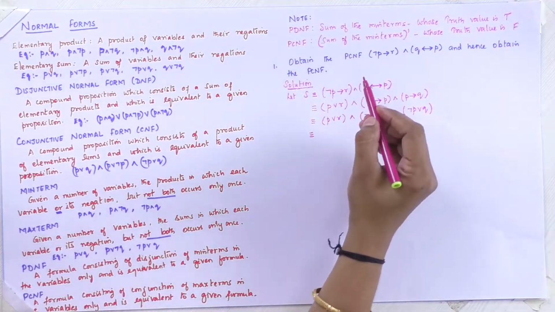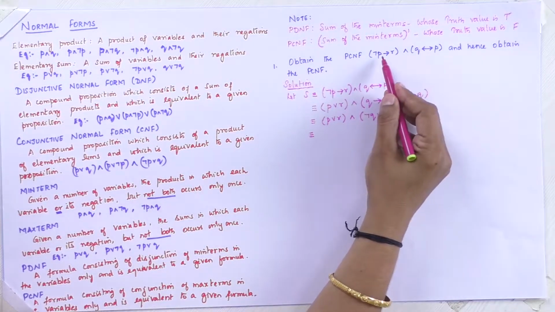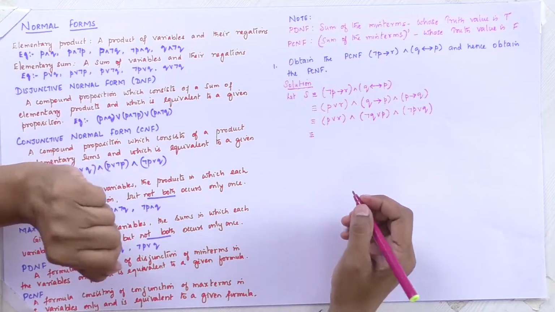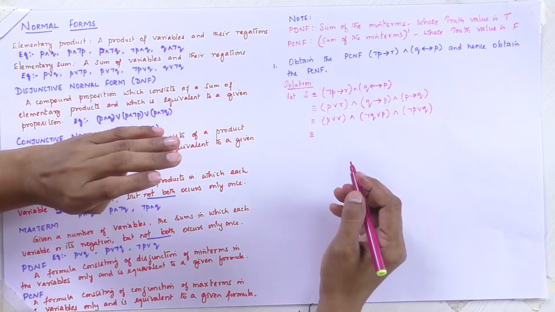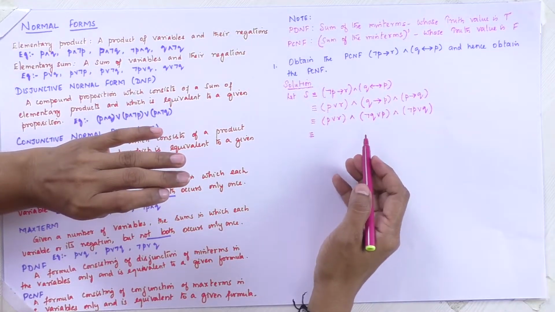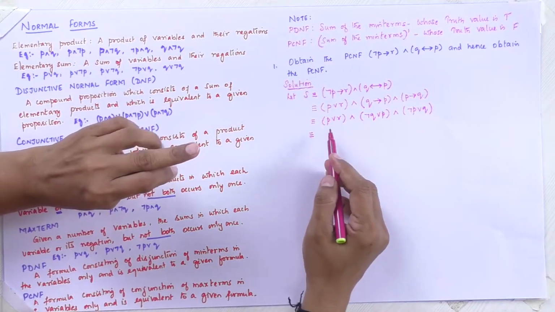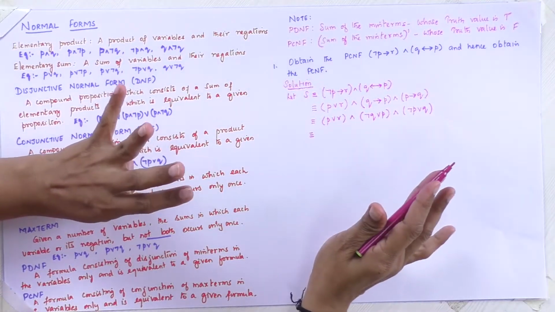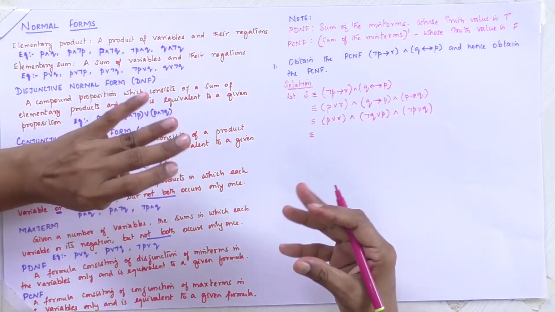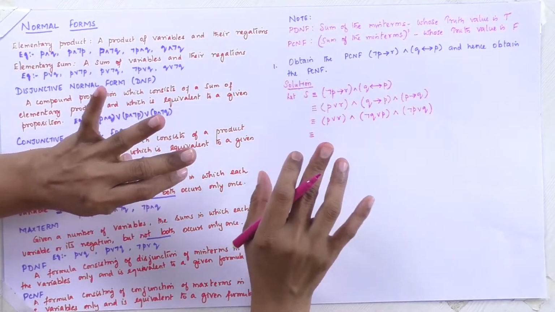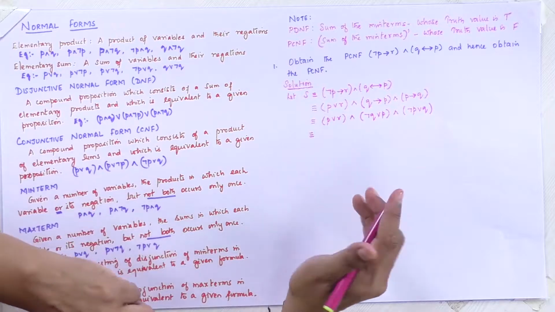Totally here there are 3 variables, P, Q, R. It is not the exact form of a PCNF, since some variables are missing, so I will still have to do some calculations to get my exact PCNF.